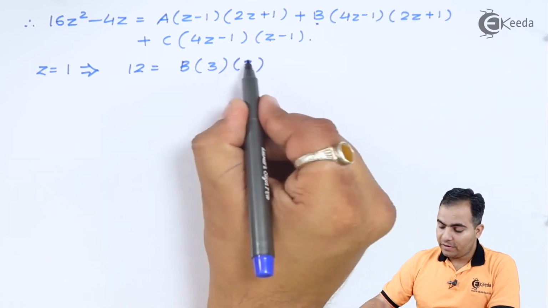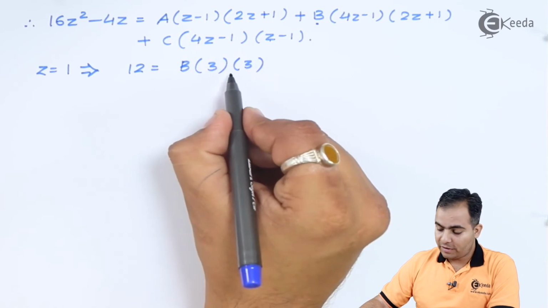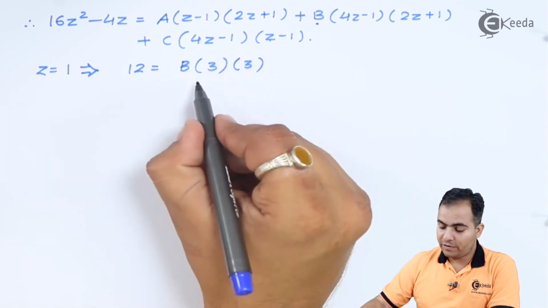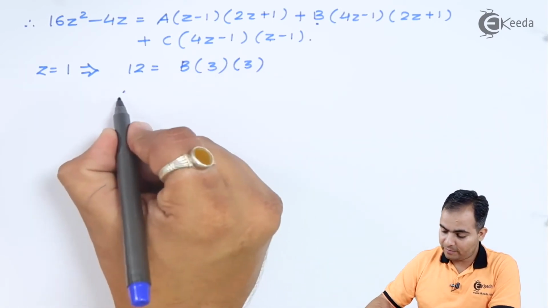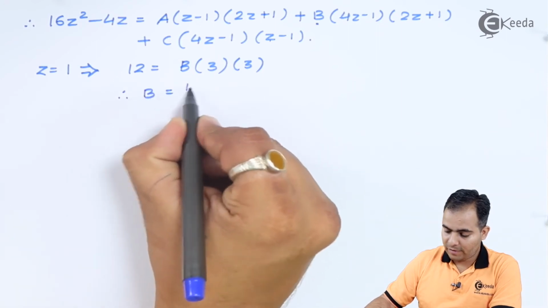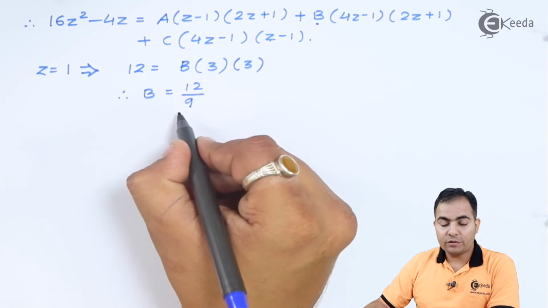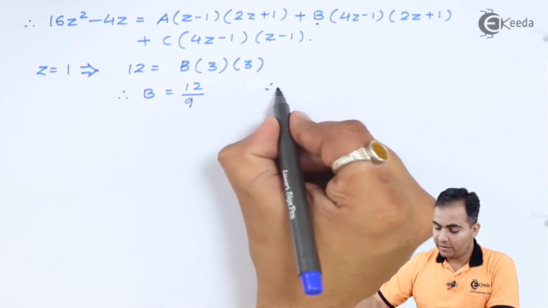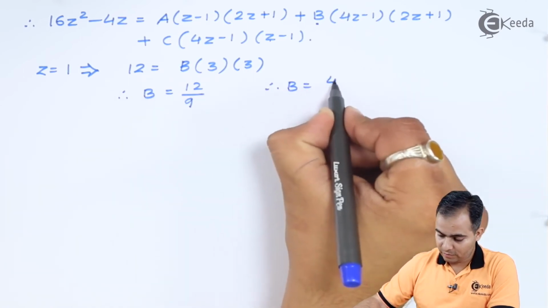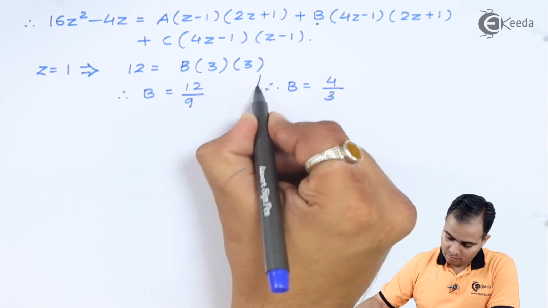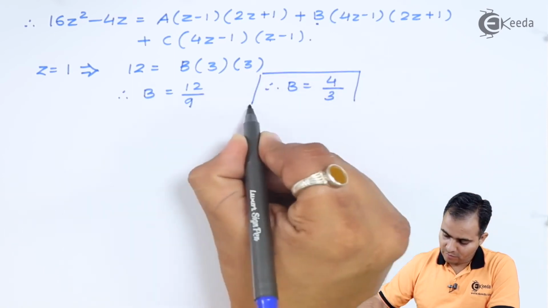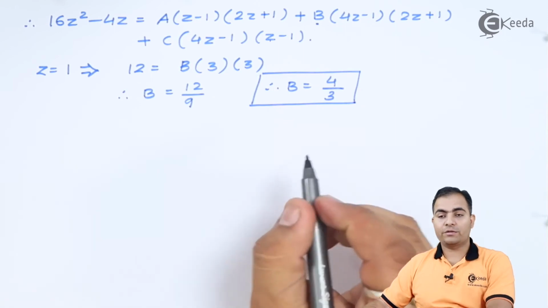Now these two 3's are shifted to the left hand side, so we can write 12 by 9. And if we divide both the numerator and denominator by 3, you will get 4 by 3, which is the answer of B.